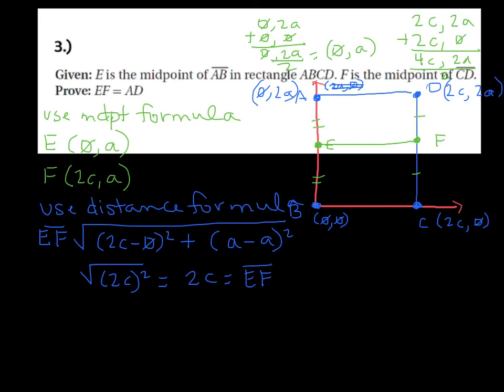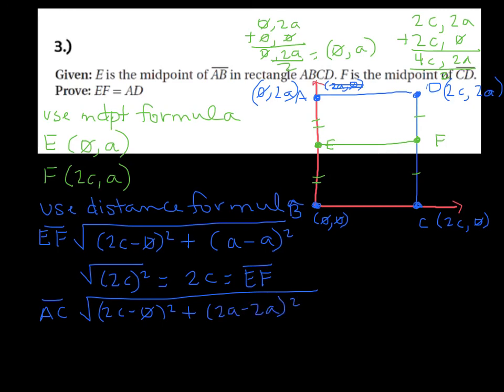Okay. Now what I need to do is find the distance between A and D. So I'm still using my distance formula, but this time I'm looking at AD. So the difference of your x's would be 2c minus 0, and you're squaring that. So notice it starts out similar, plus the difference of your y's, which happen to be 2a and 2a.